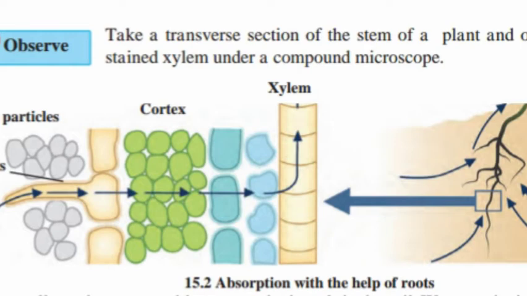To reduce the concentration difference, they are continuously pushed forward. Because of that continuous movement of water, a water column is formed which is continuously pushed forward, from soil up to xylem. This pressure is sufficient to lift water from soil to xylem in small plants, that is shrubs and small trees.